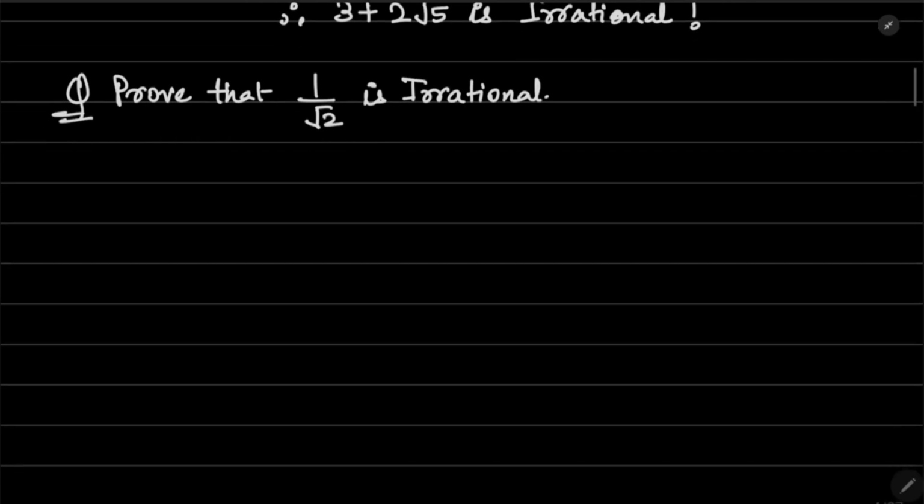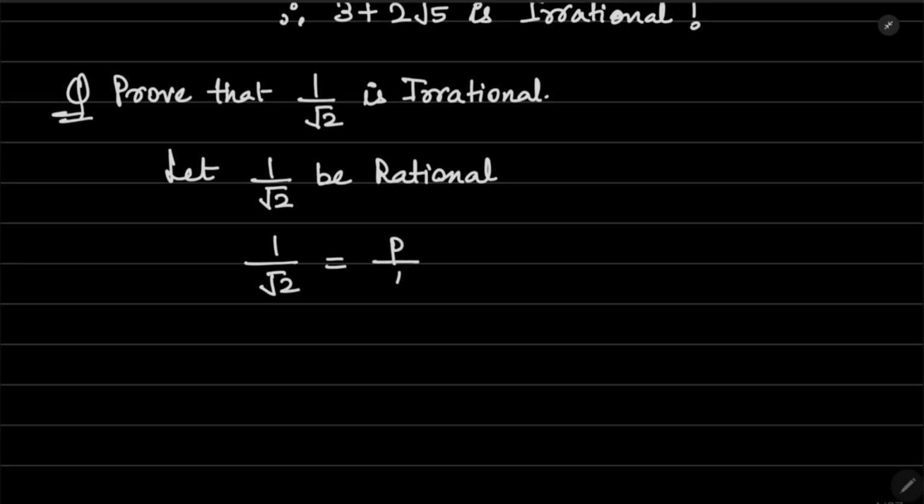Let's do it the same way using the contradiction method. The first step: let 1 by root 2 be rational. So 1 over root 2 is equal to P by Q, where P and Q are integers.